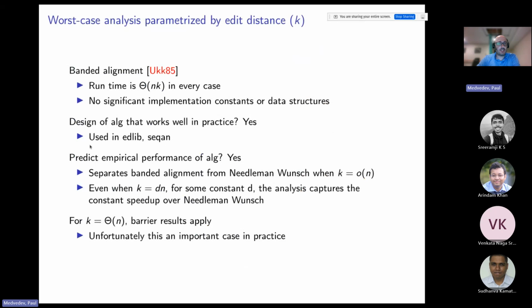And in terms of prediction, it does a good job. When k is little o of n, then you get this asymptotic separation from Needleman-Wunsch, and that's reflected in the fact that banded alignment will run much faster than Needleman-Wunsch in those cases.